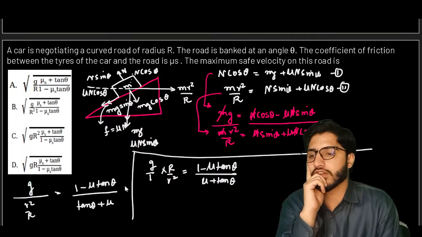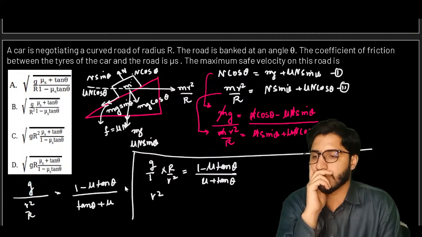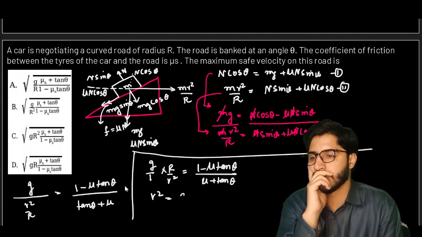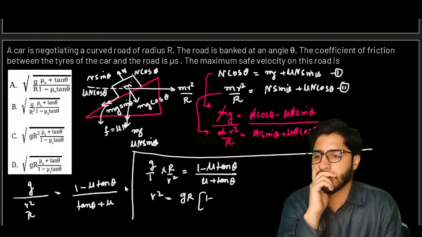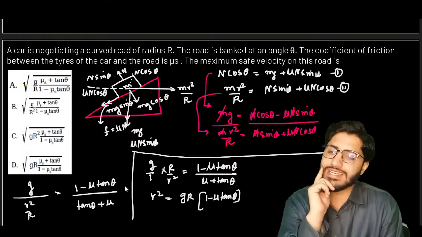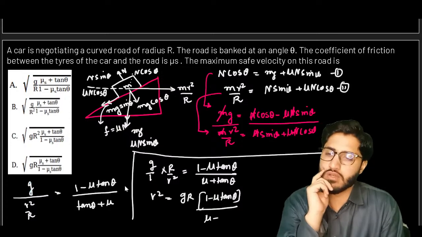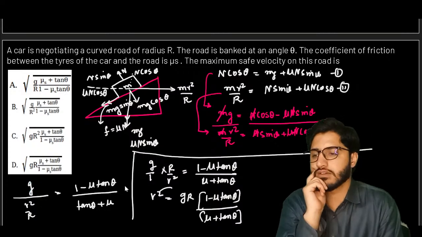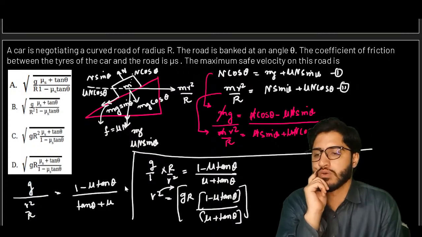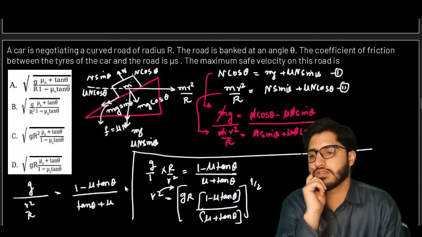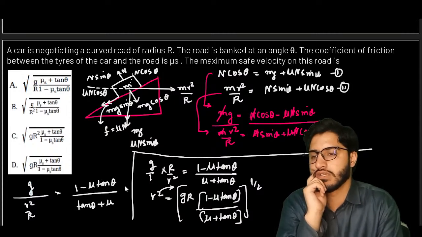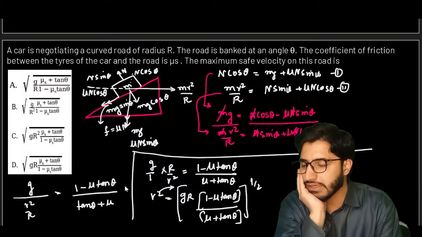I need v, right? So I can write v square equals to GR 1 minus nu tan theta whole divided by nu plus tan theta. I think I had some mistake, right? Wait.